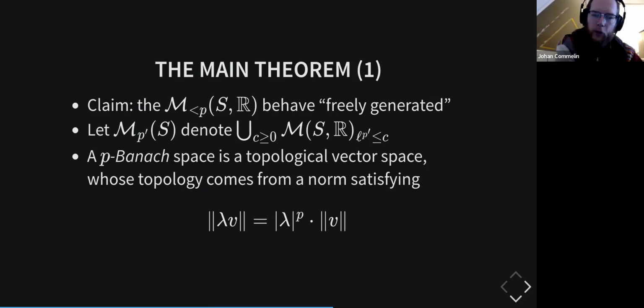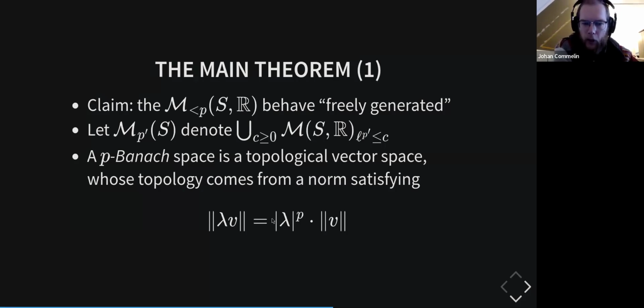It's a topological vector space whose topology comes from a norm. So far, the definition is the same as a Banach space, except that the norm isn't a usual norm, but a p-norm. And a p-norm satisfies all the axioms of a usual norm, except the way it interacts with scalar multiplication is different.